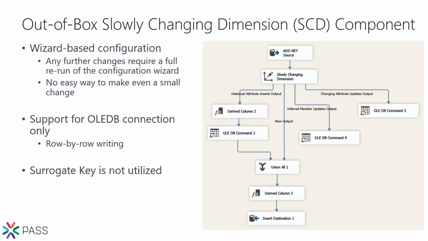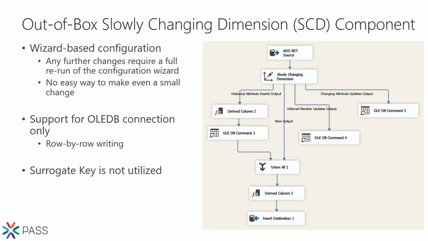So let's first talk about the out-of-box slowly changing dimension component. This is offered by the SSIS platform. The biggest advantage of this component is that it's a wizard-based configuration. You walk through a few steps and get the component populated. It does come with certain limitations. One of the big limitations is that it requires OLEDB connections only.